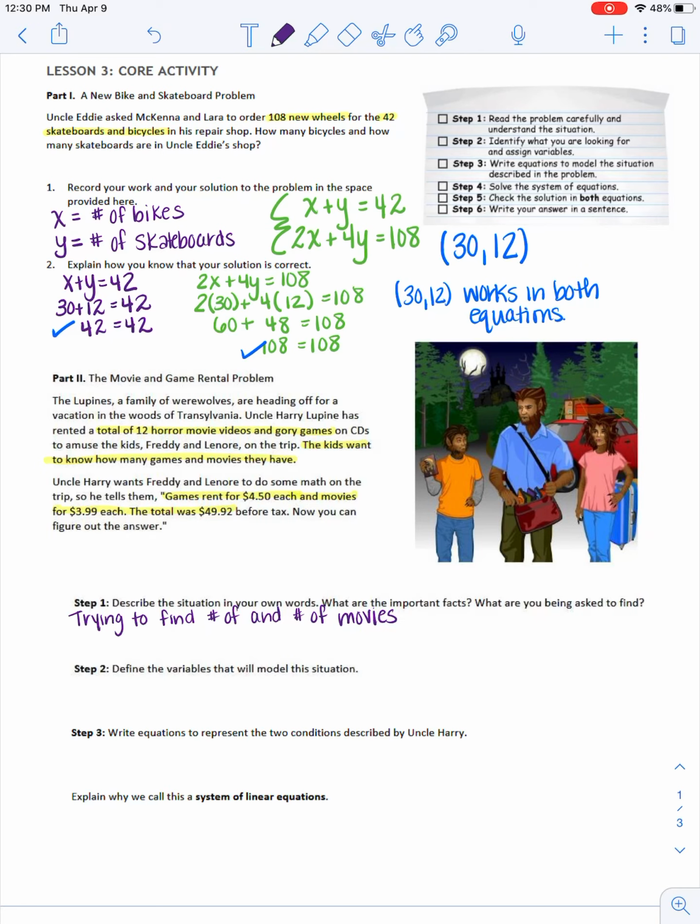And what do we know? So we know that there are 12 total items. We know that he spent $49.92.